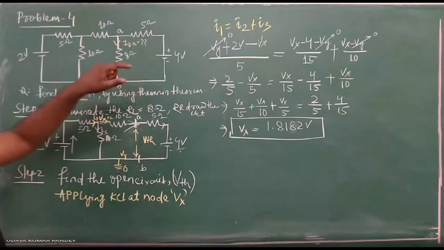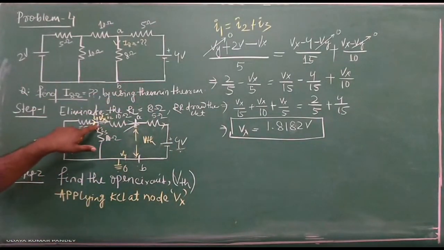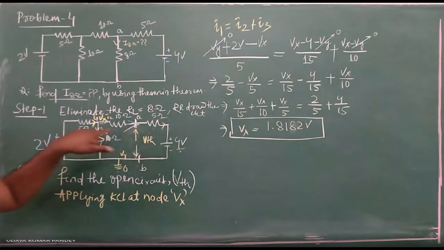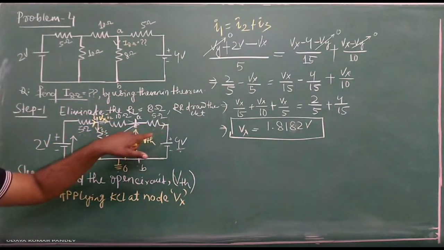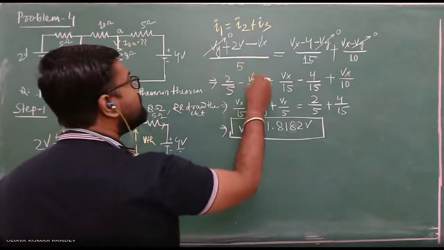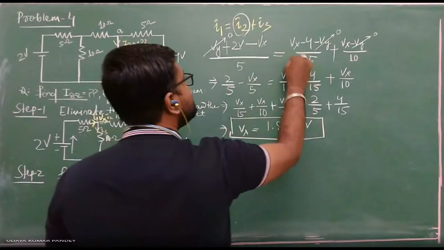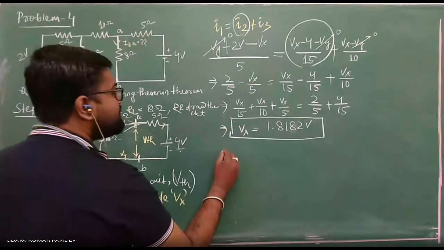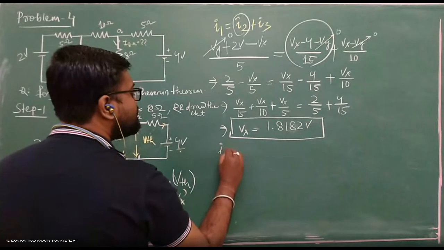Then after calculating the Vx, you can calculate this current I2, because I know this formula. I2 is your this formula. Putting Vx here, how to calculate the I2?